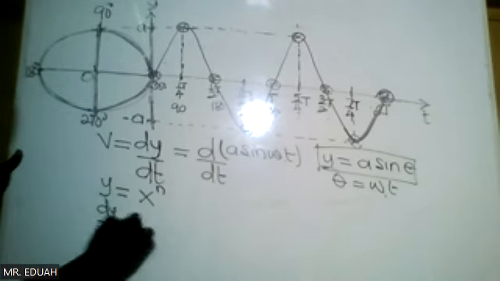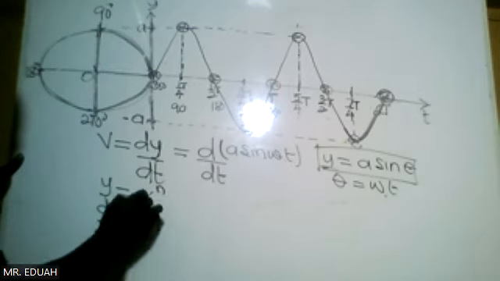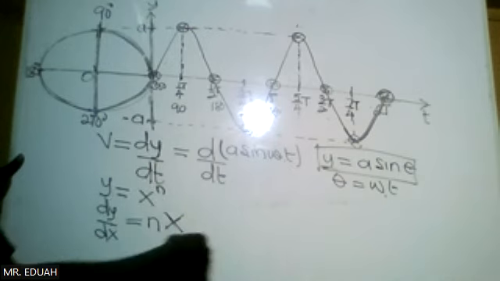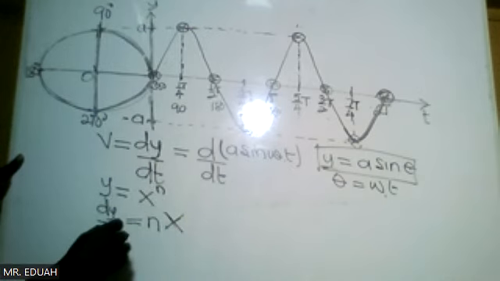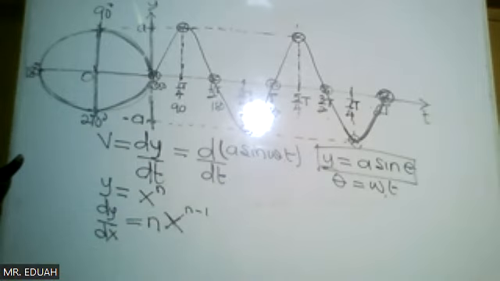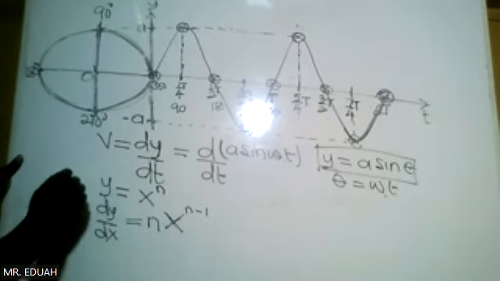And dy by dx is equal to, now this is the formula. In differentiation, the power multiplies the whole function x, and then this power at every differential reduces by 1, so n minus 1.